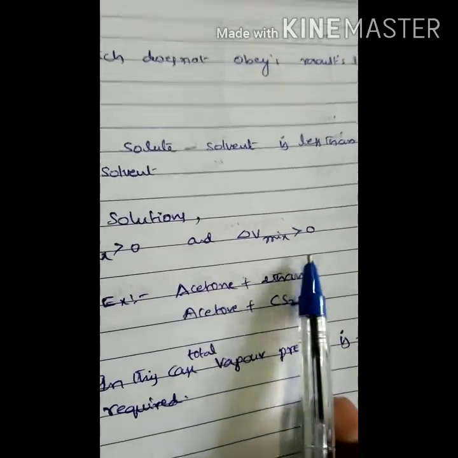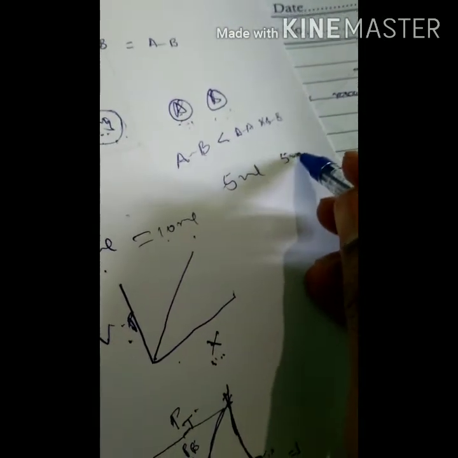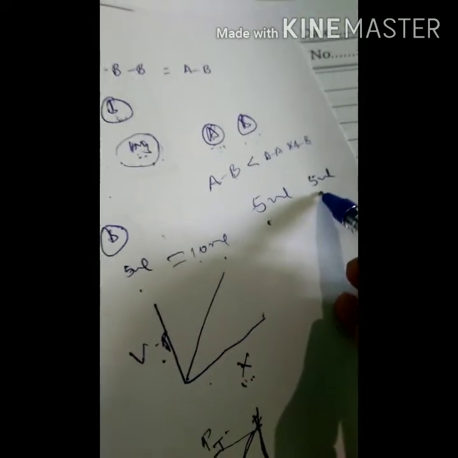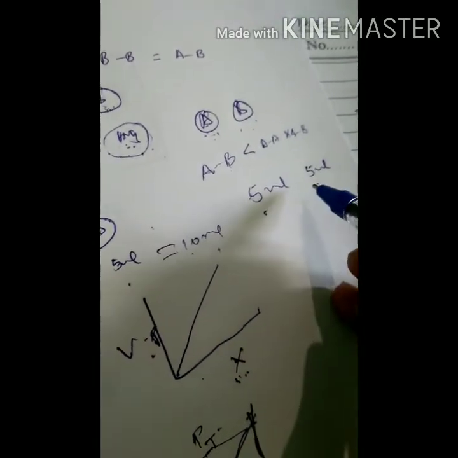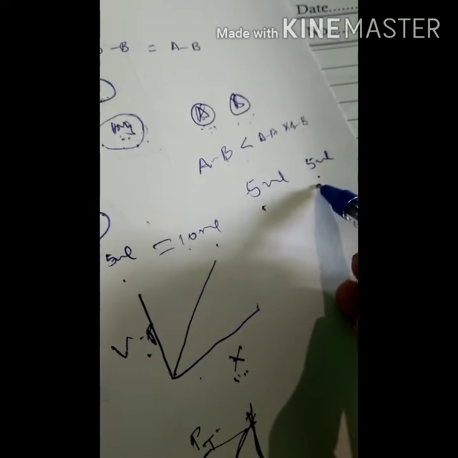Delta V mixing greater than 0 means, for example, the volume of A is 5 ml and the volume of B is 5 ml. When these two liquids mix with each other, we should get a total volume of 10 ml.